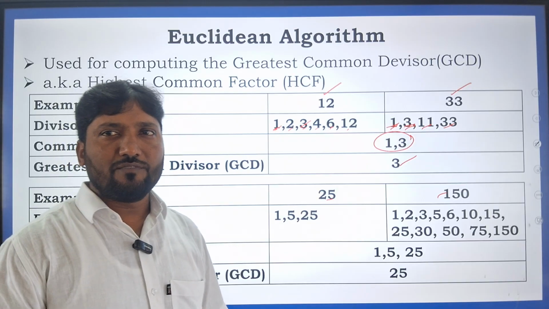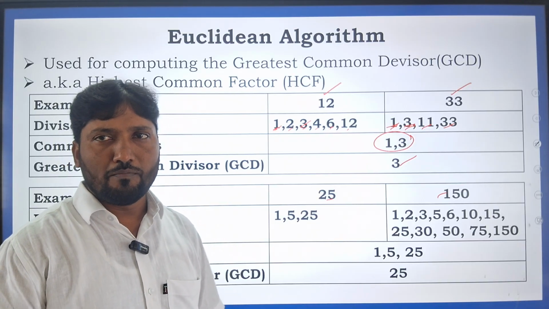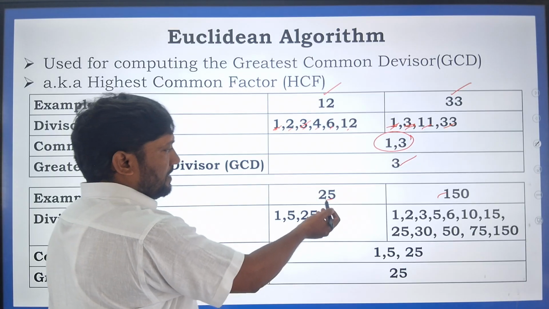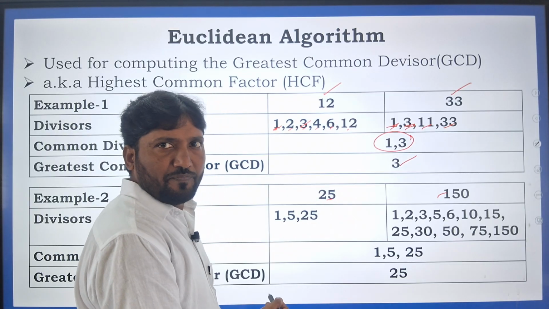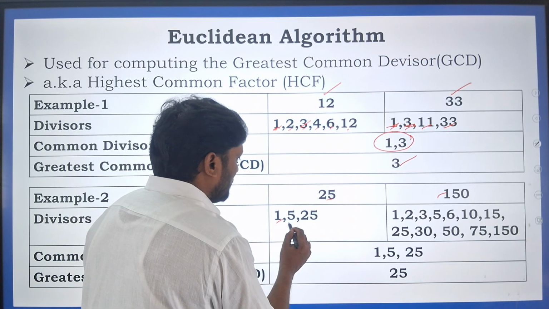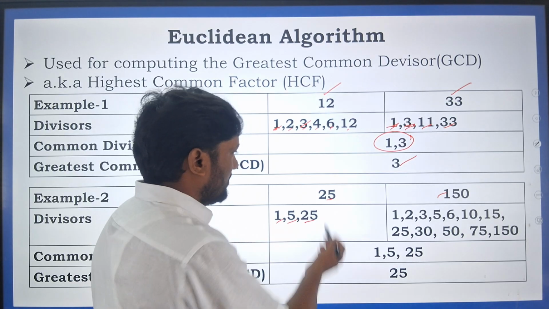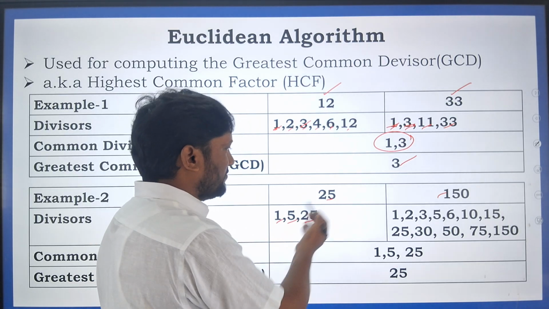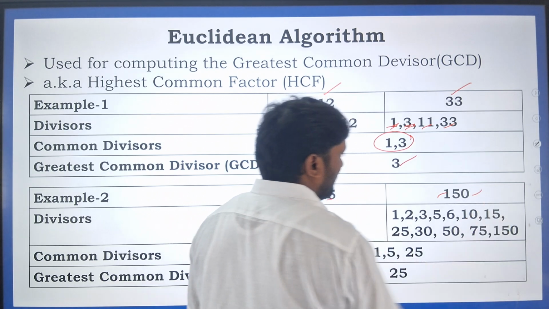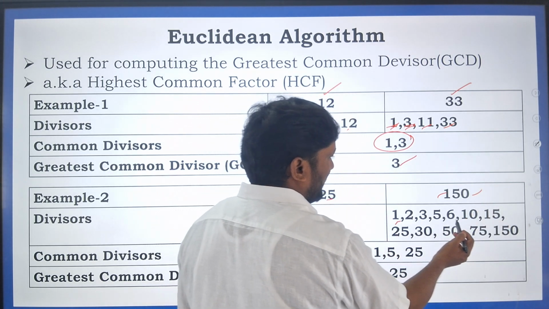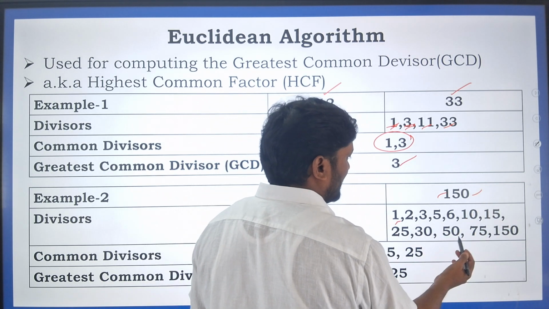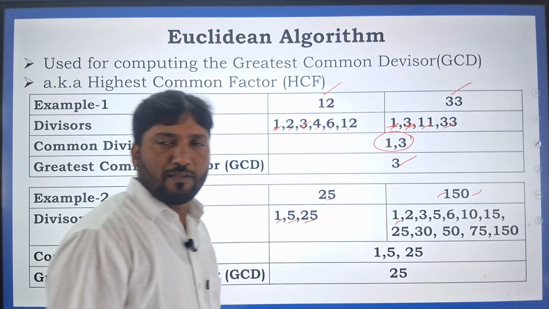And finally identify the maximum number. The divisors of 25 are 1, 5, 25, and the divisors of 150 are 1, 2, 3, 5, 6, 10, 15, 25, 30, 50, 75 and 150.